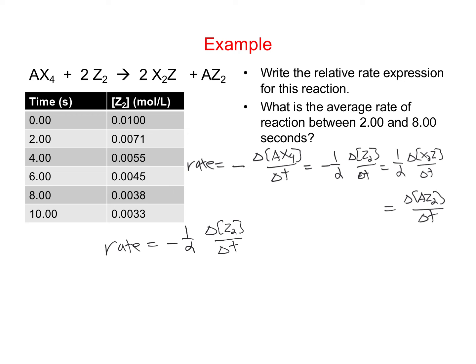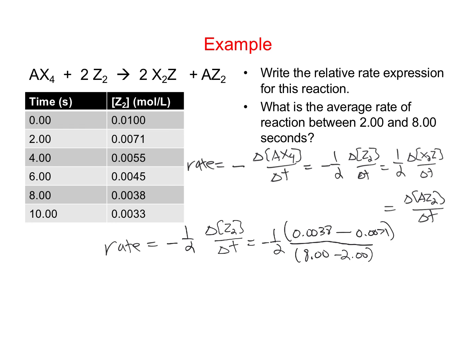So what this would look like, I still have my minus 1/2. And then in the numerator, the concentration at time 2, 8 seconds, is 0.0038 minus the concentration at the initial time, 0.0071. And the denominator would be time 2 minus time 1. So it'll be 8.00 minus 2.00.